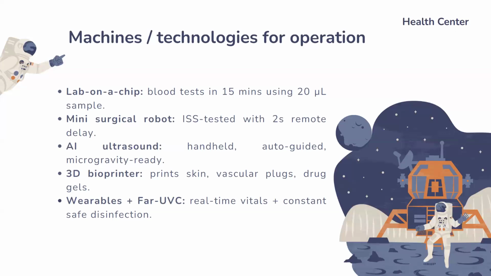This has been tested under parabolic flight as well as ISS microgravity conditions, where the fluid behavior is unpredictable. NASA's HRP has endorsed the lab on chip design as part of its exploration medical capability. The device operates on a 20 microliter blood sample and produces a result in less than 15 minutes, making it ideal for triage and isolated missions.